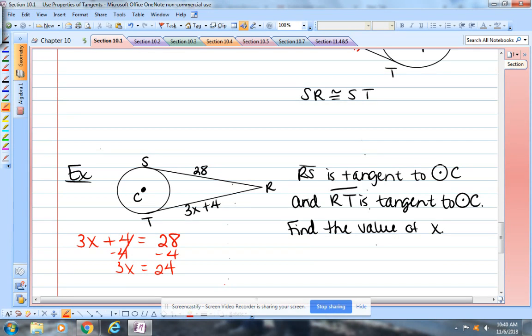And then what? Divide by 3. And x equals 8. Did they tell me any units on this one? Feet, centimeters, anything like that? No. So we can just leave it x equals 8. And you can check it. 3 times 8 is 24. 24 plus 4 equals 28.